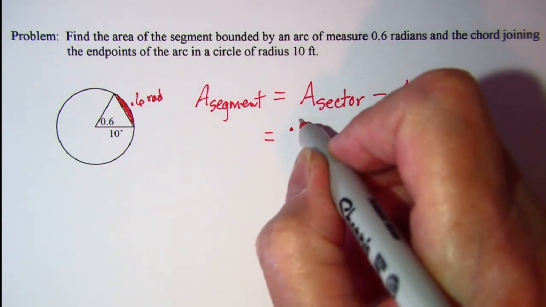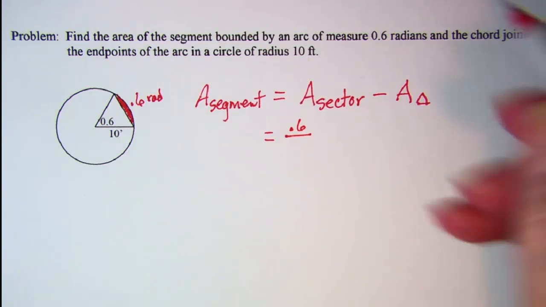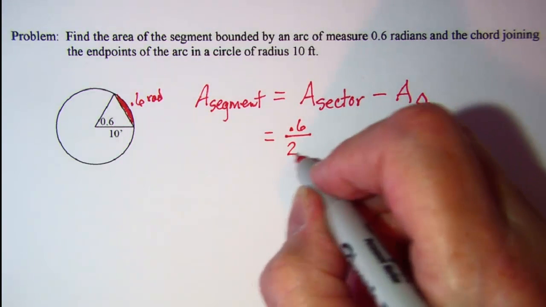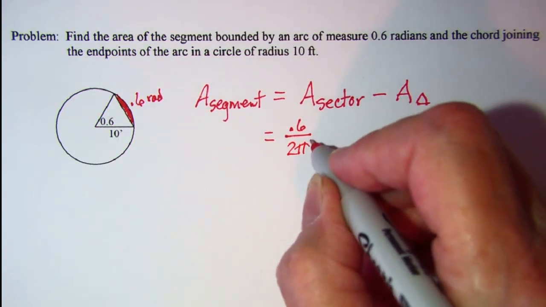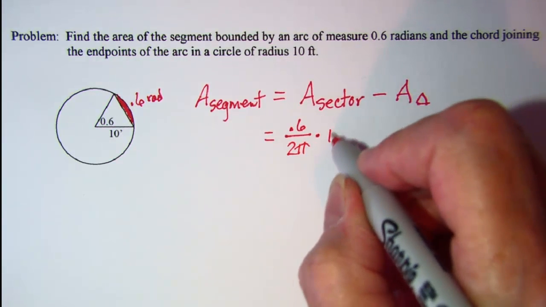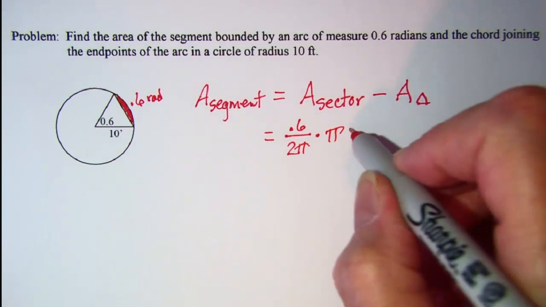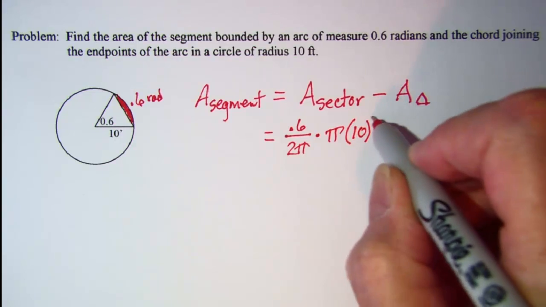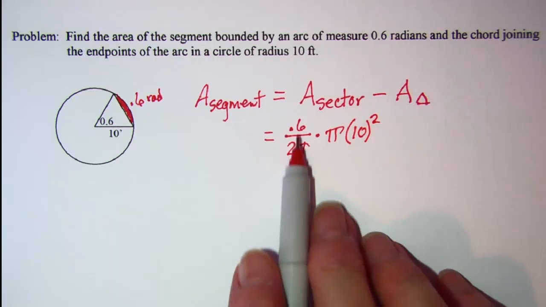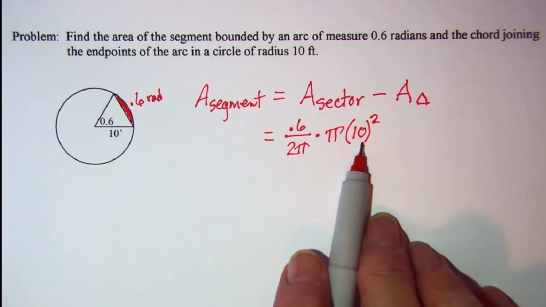So 0.6 is the measure of our central angle, and the entire circle measures 2 pi radians. So these are both in radians. So that fraction times pi r squared. Now r is 10, so I'm going to put 10 squared here.